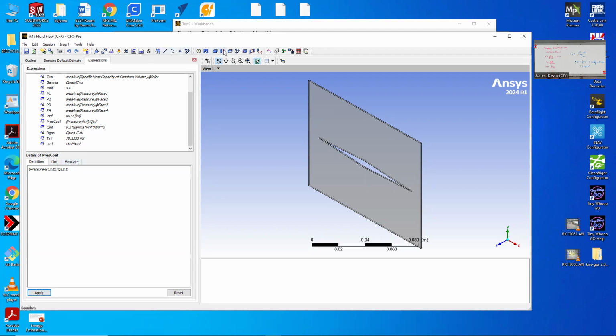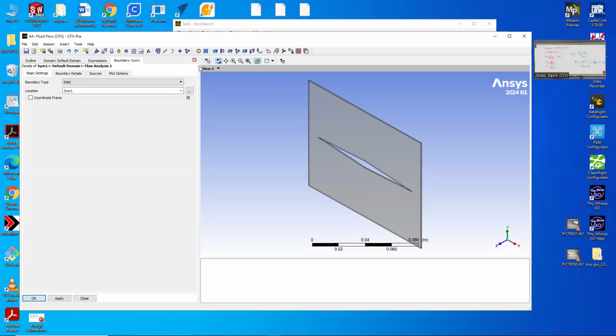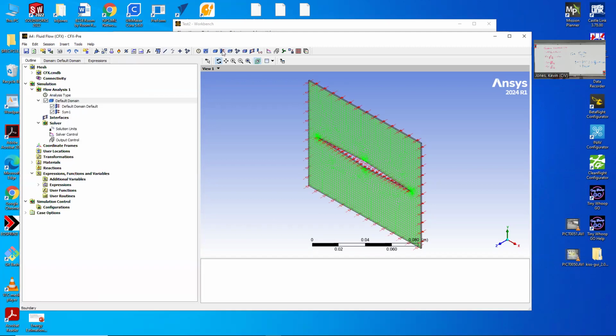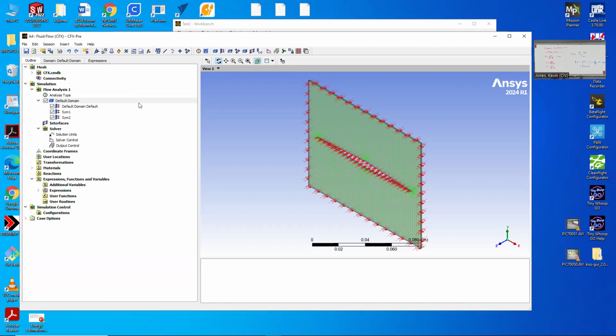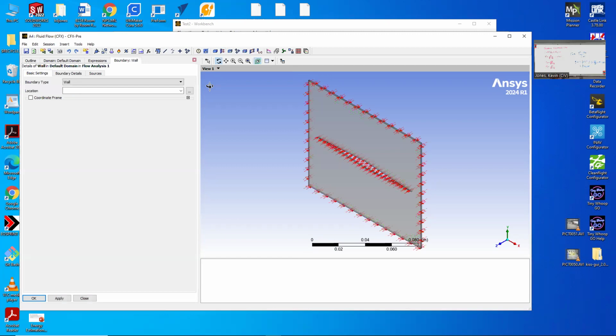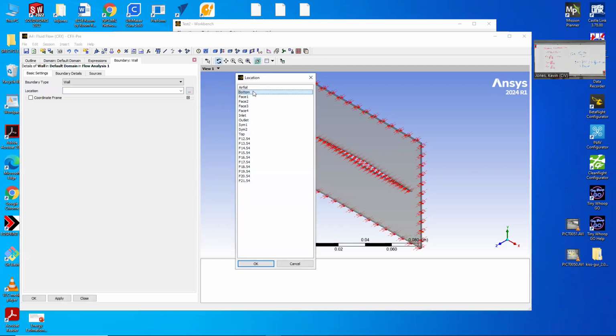So let's do some boundaries. Easy ones first. Symmetry is going to be the top and the bottom.